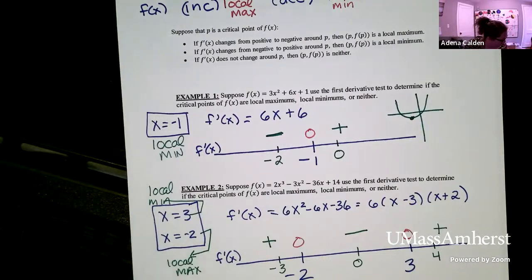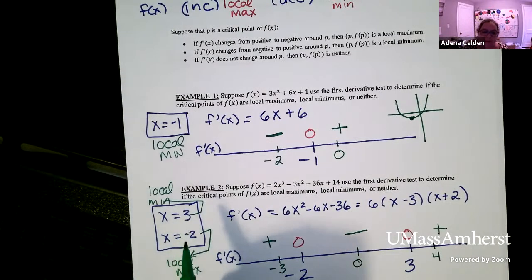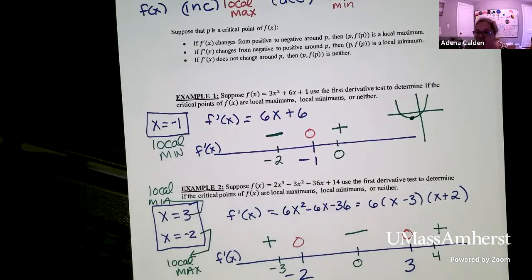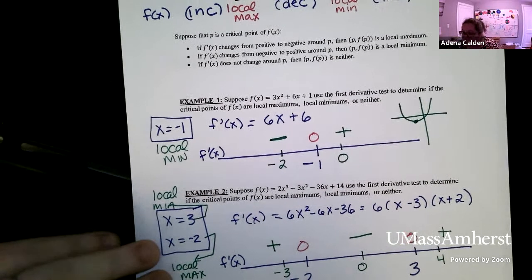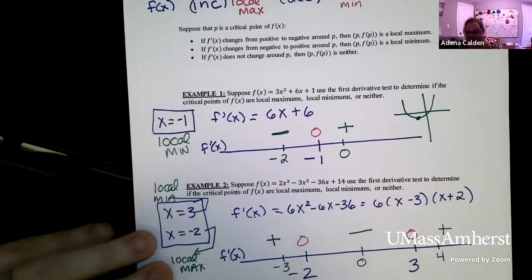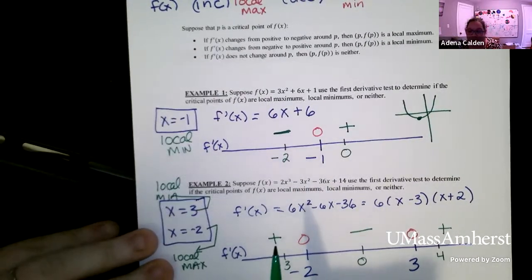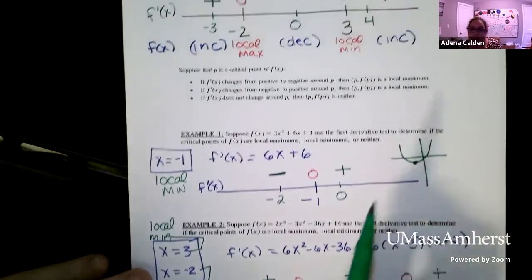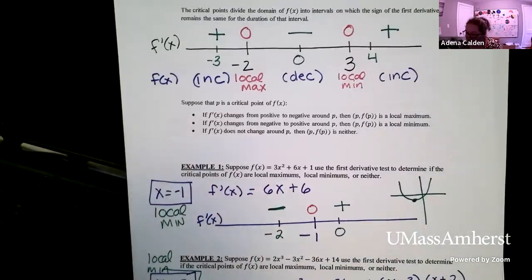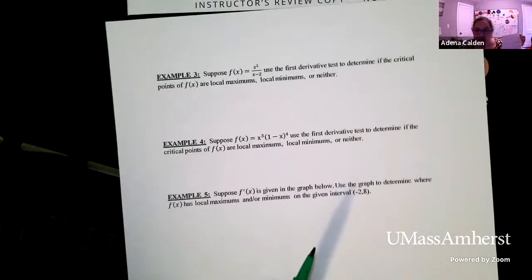When we graphed this out, we found the same exact thing, that 3 was a local min and -2 was a local max. So this is the process that we're using. We're thinking about the sign of the first derivative around the critical points to help us classify.